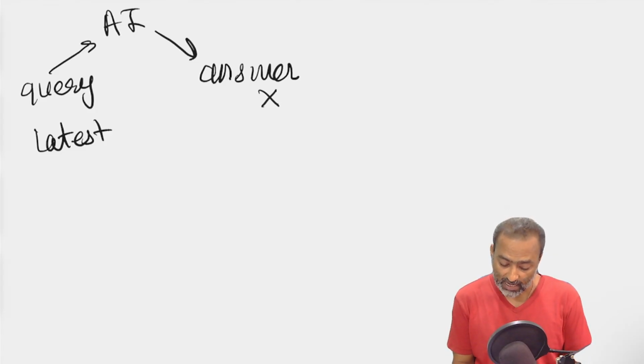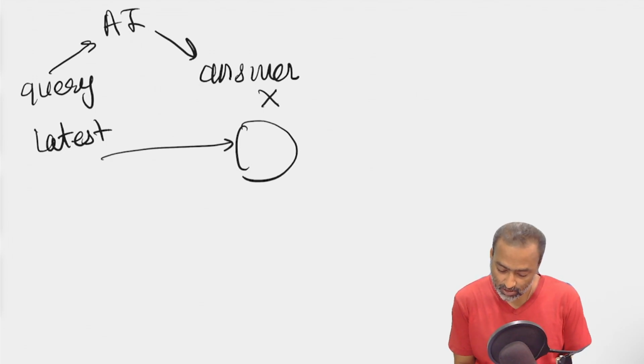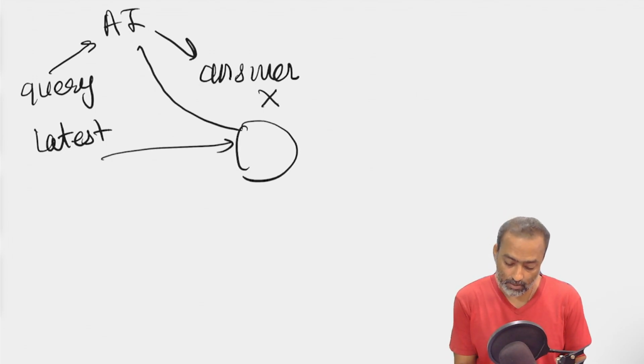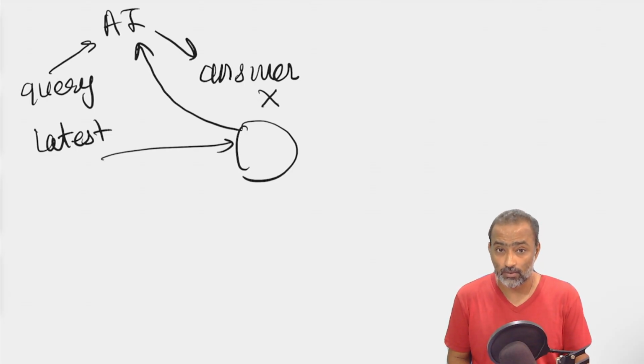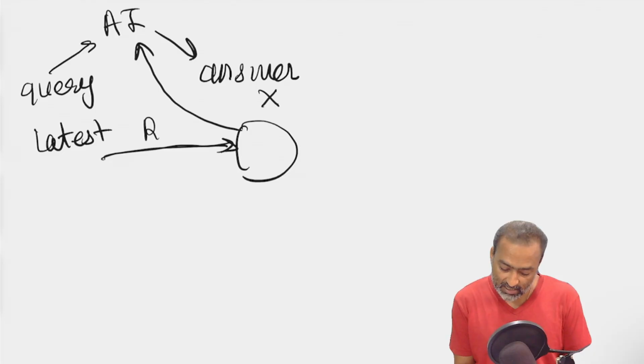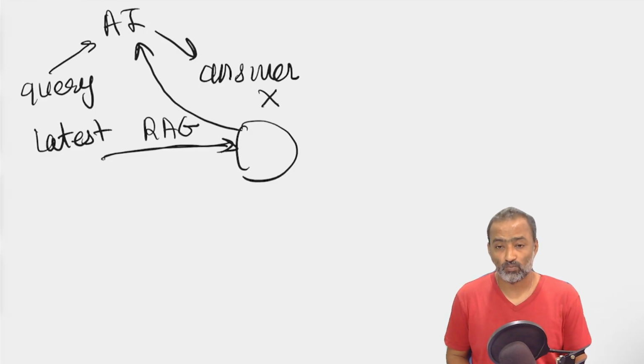But how about, let's say, from the internet, we search about the query and get the latest information and pass it to the AI before it generates the final answer. It can now answer our query about the latest information, and doing this is known as RAG. I'll give you another example.